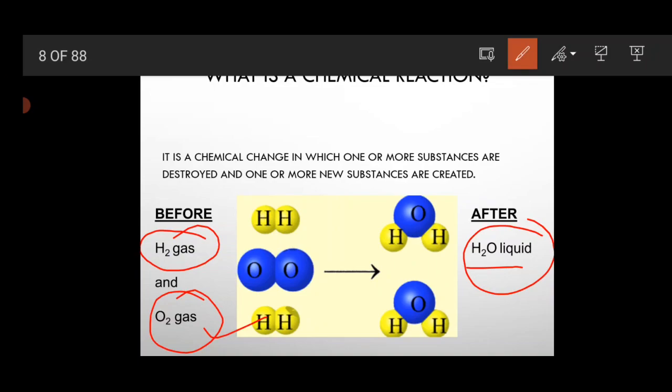It is a type of chemical change in which two or more substances get destroyed, or we can say combined, and we get a new set of substances with totally new properties. That type of change is called a chemical reaction.